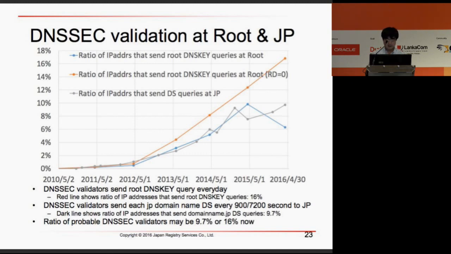And DNSSEC validators send each JP domain name DS every 900 or 7200 seconds to JP. Dark line shows the ratio of IP addresses that send subdomain domain name.jp DS queries, and currently 9.7%. As a result, ratio of probable DNSSEC validators may be 9.7% or 16% now.